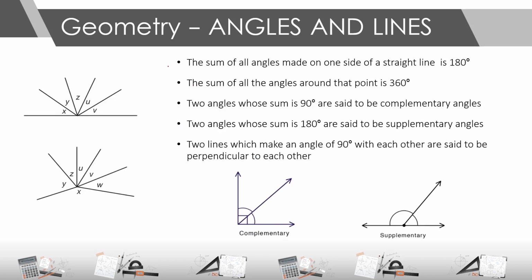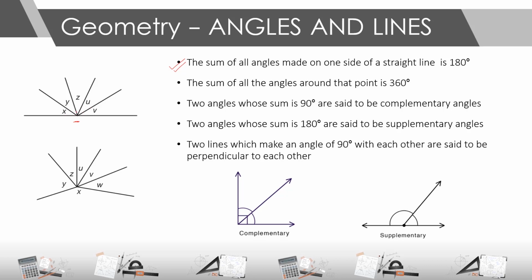Now here are some special properties. If we have a straight line and on top of that line, we may have several other lines at a particular point, the sum of all the angles on one side of that line is going to be 180 degrees. We know that about a point, the total angles are 360 degrees.